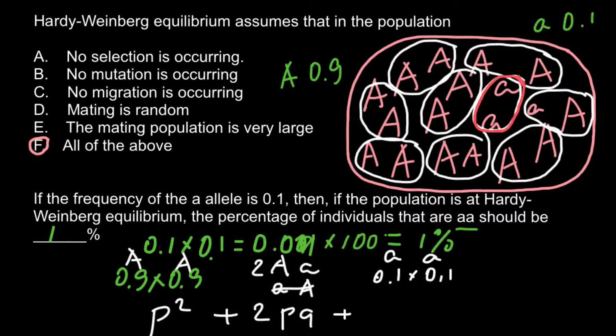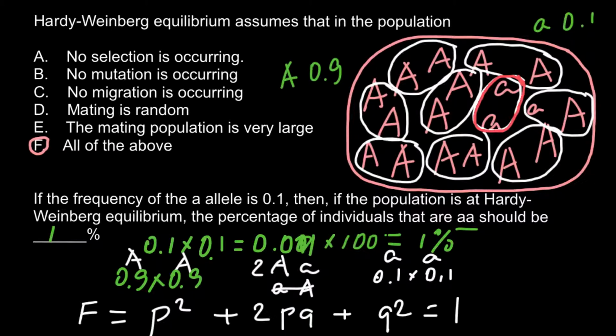In the Hardy-Weinberg formula we have q squared here. A multiplied by A we can also express as a squared, but in the formula instead of small a we have q. That's why we have q squared here. And all this equals 1. So here we can put f, the frequency of all 3 genotypes in a gene pool.